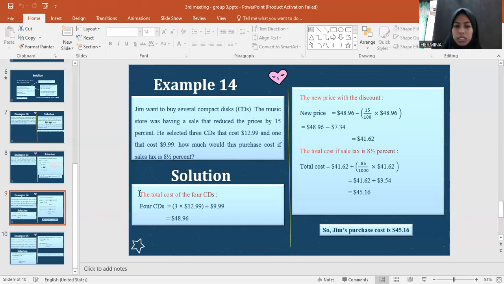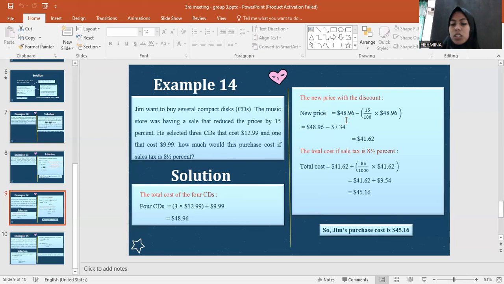So the solution is, the total cost of the 4 CDs is equal to 3 times $12.99 plus $9.99, so it is equal to $48.96. Next, the new price with a discount. We're going to find the discount first before the tax.